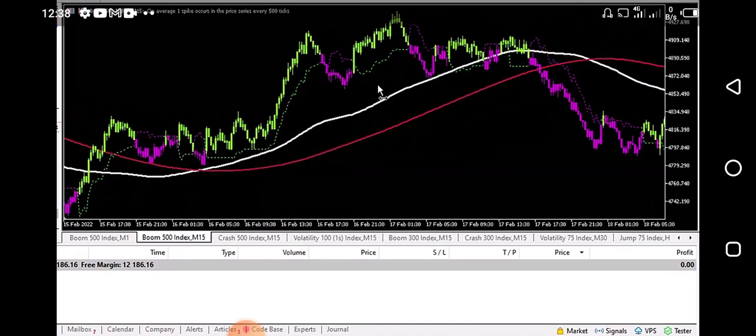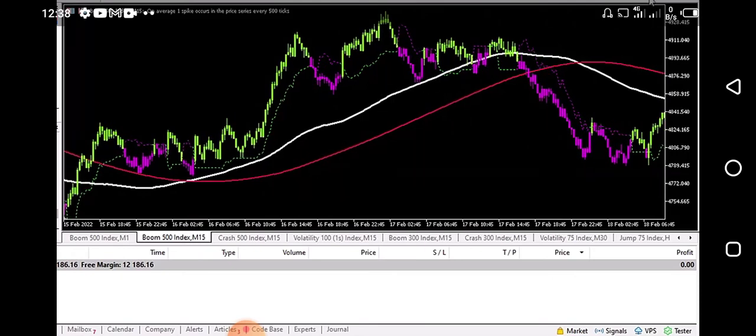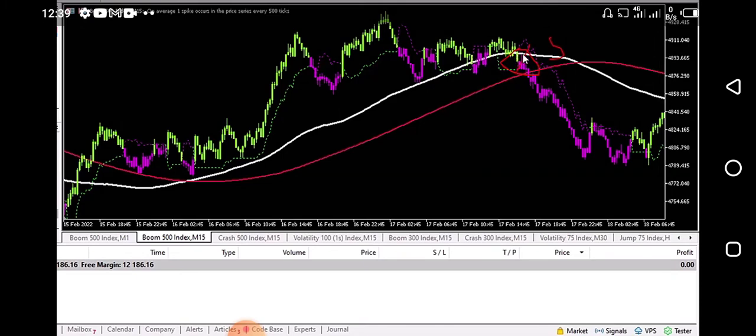You wait. Like, okay, see one example here right now. In between these two moving averages, don't do anything, right? Don't take any sell, right? Wait for a full candle to be formed below the two moving averages, right? Then you take your sell.